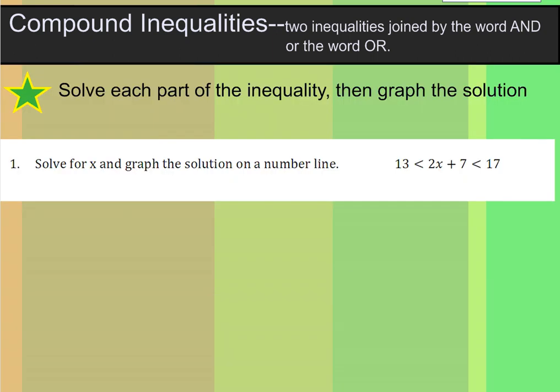So take a look. This would be a compound inequality: 13 is less than 2x plus 7, less than 17. Now there are a couple different ways you can do this. One, you can split it apart and solve each piece.